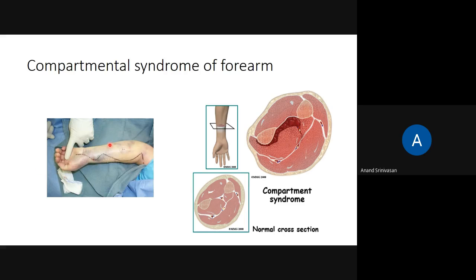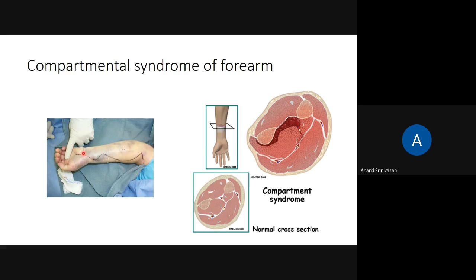So this is very important and it has to be diagnosed immediately because otherwise it can lead on to further damage. And what is the immediate surgery? You need to make an incision. You need to cut open the deep fascia, because the deep fascia is quite tight and sleeves around the forearm, and there is collection of blood which keeps on building up.